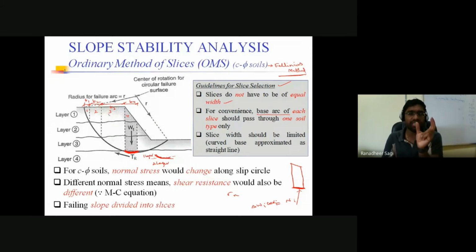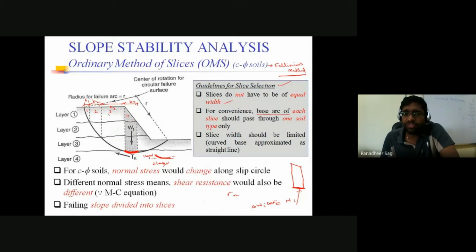So for that smaller width itself, to understand the resistance developed along the failure surface in that smaller width region, if I go on to make my life complicated, the variation in the resistance you calculate would be relatively small, as the width of the element is relatively small. So what we say is that for convenience, you consider the failure surface to be passing either through the first layer or the second layer, to make our life simple.